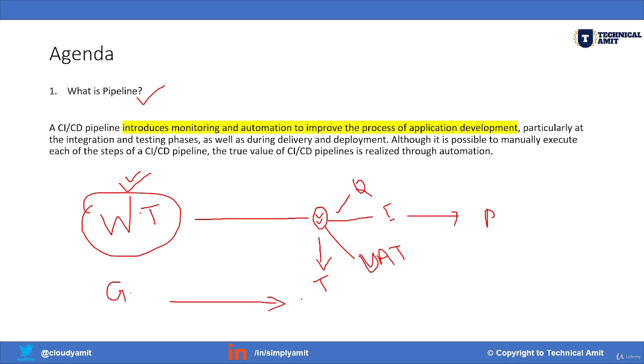It can be QA, integration, testing, SIT, or any other environment. And then from there, we are going to send it to the production environment. That is what our pipeline is, and how it is improving things we have already seen in the previous lecture with the problem statement as well as the solution statement.